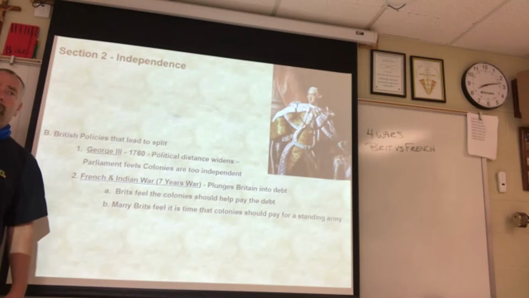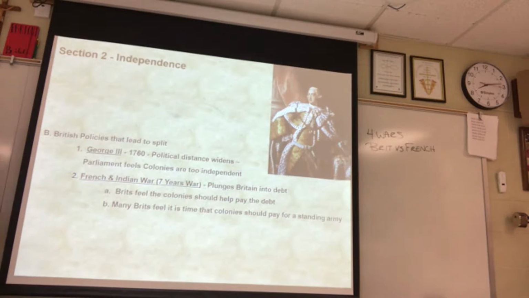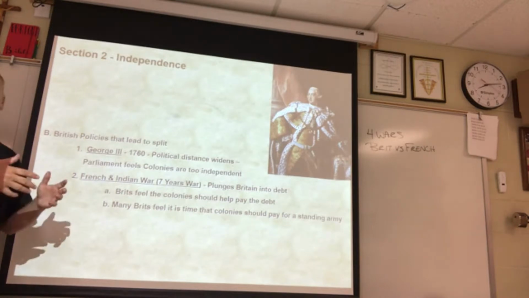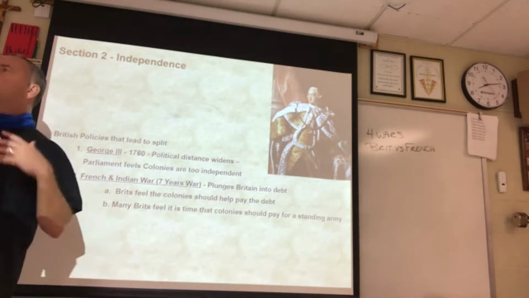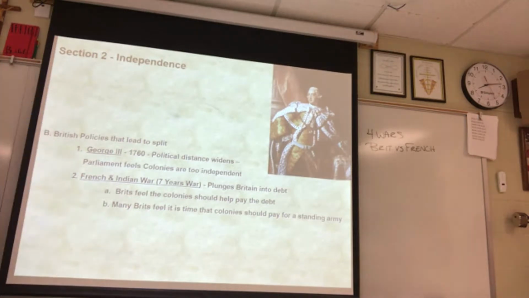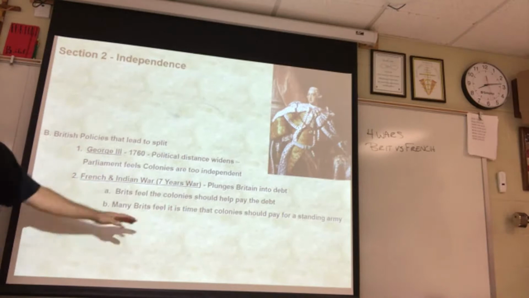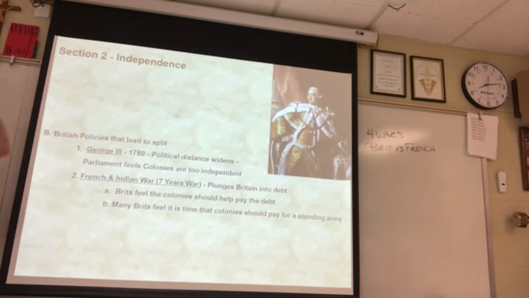That was Pennsylvania, where the Quakers were. So the militia would fight alongside the British. George Washington led the Virginia militia and so forth. So he fought alongside the British in the French and Indian War, and he knew a lot of the big wig generals for the British.